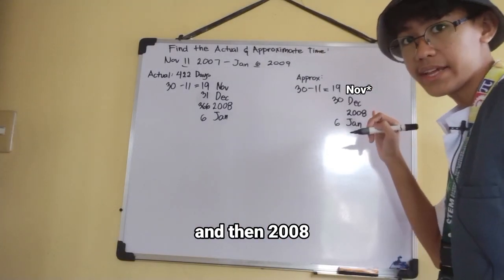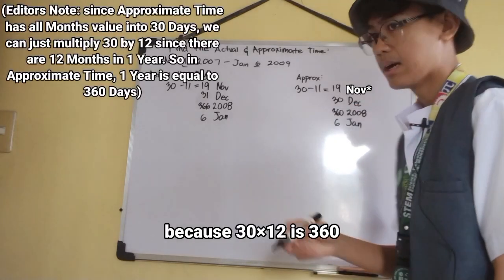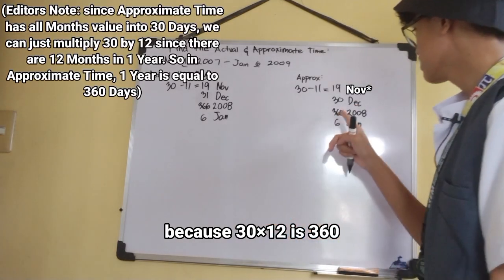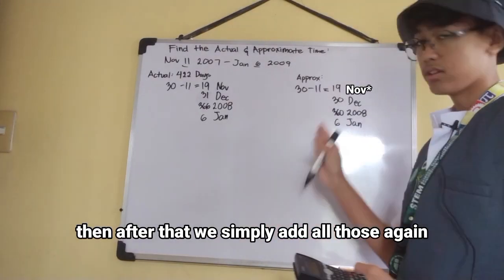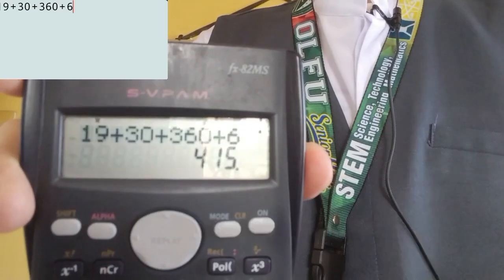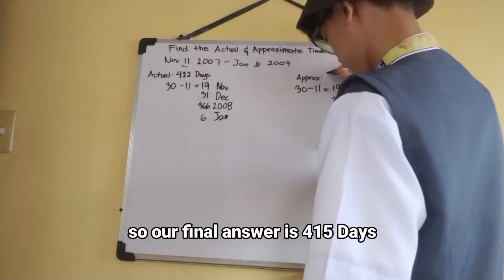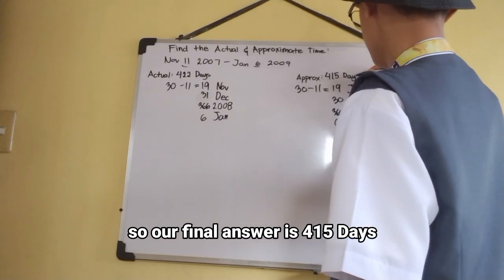Then for 2008, we simply write down 360, because 30 times 12 is 360. After that, we simply add all those again, and then we'll get our approximate time. Final answer is 415 days.